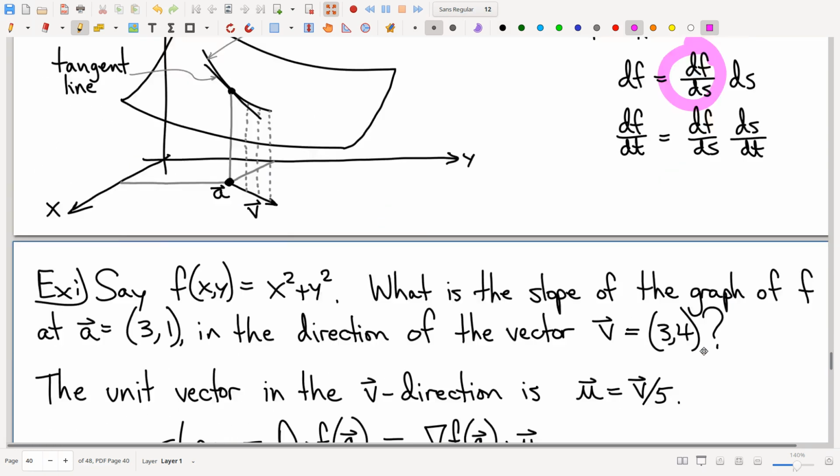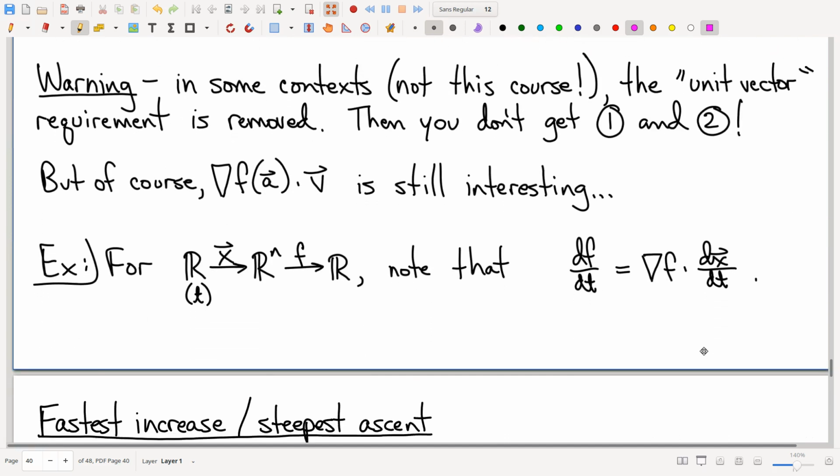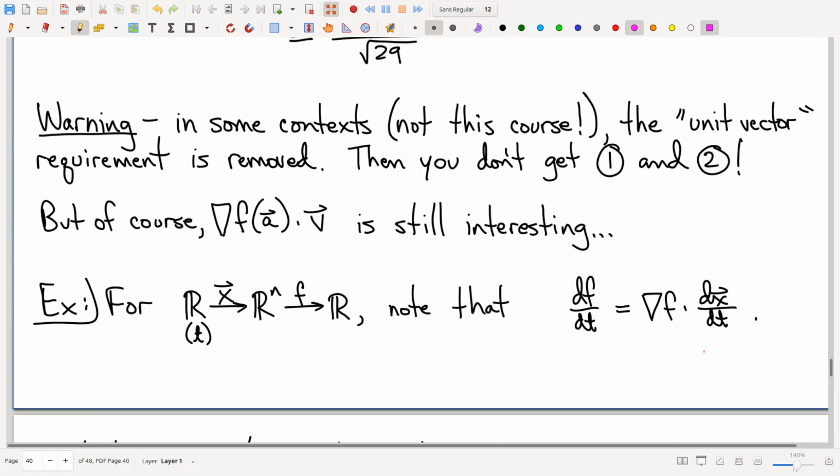Now, outside of Math219, different people learned about directional derivatives in different contexts, in different books, and a lot of people very reasonably don't like to include this requirement about it being a unit vector.